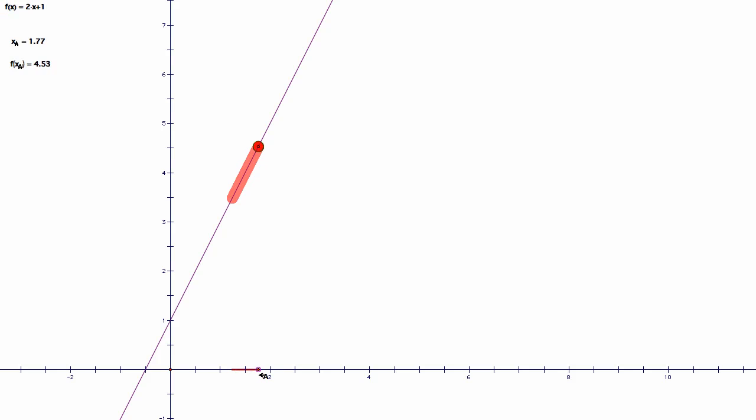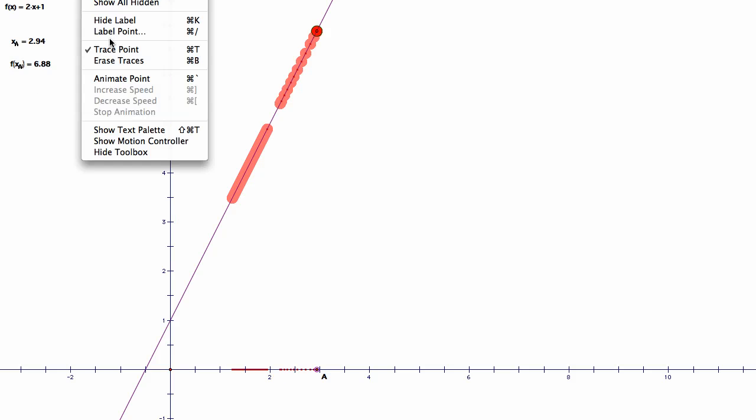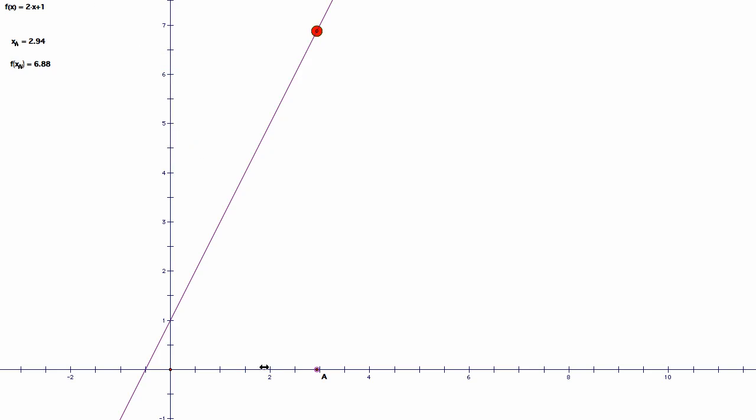And as A gets really close to 2, our ball looks like it's getting really close to the height of 5. If I jump to the right-hand side, erase the traces, if I get to the right of 2, and let A approach 2 from the right-hand side, you could see that the ball is getting close to the height of 5 from up above.